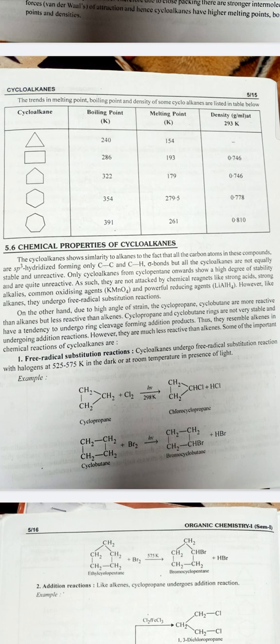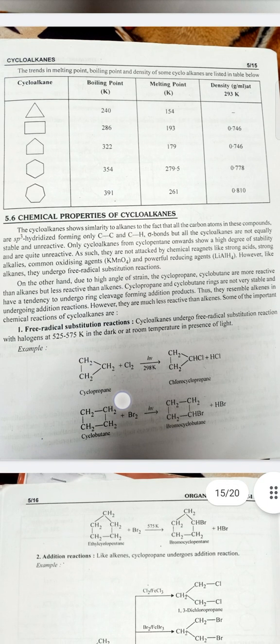Only cycloalkanes from cyclopentane onwards show a high degree of stability and are quite unreactive. As such, they are not attacked by chemical reagents like strong acids, strong alkalis, common oxidizing agent KMnO4, and powerful reducing agent LiAlH4, etc. However, like alkanes, they undergo free radical substitution reactions.